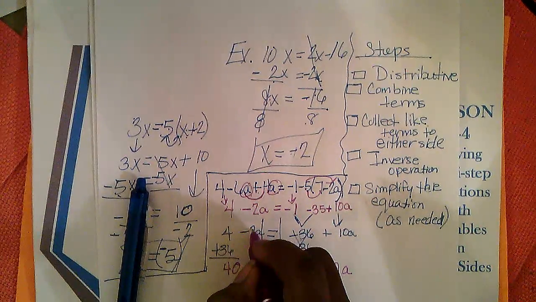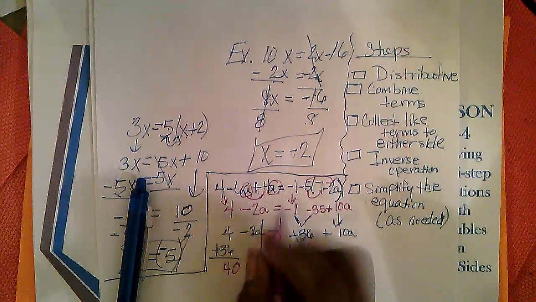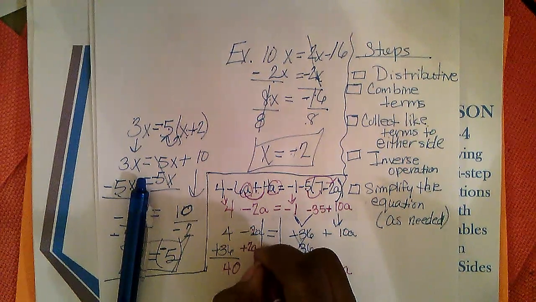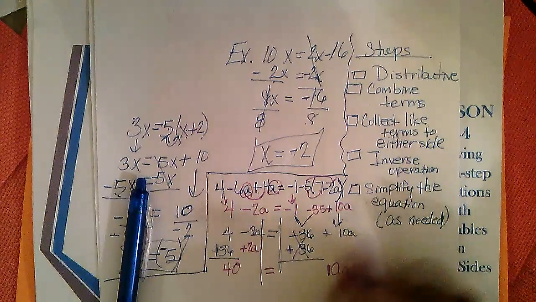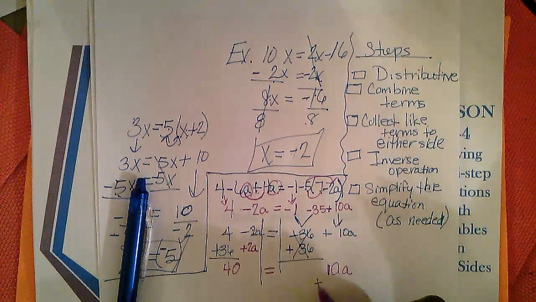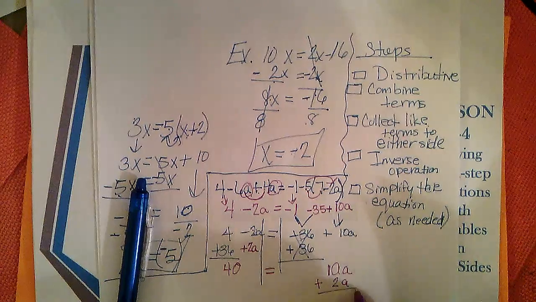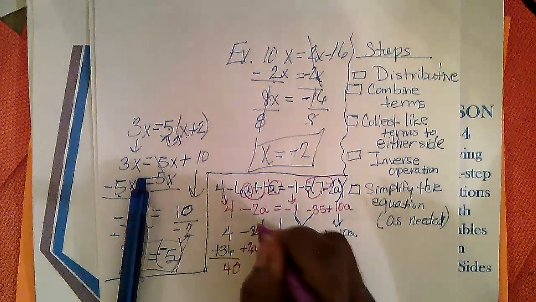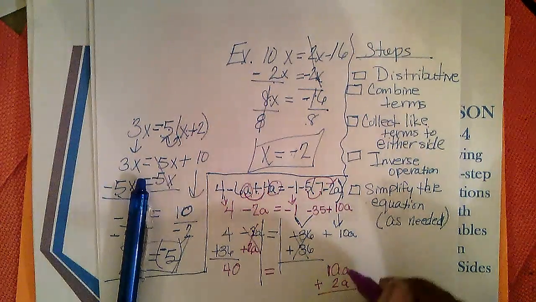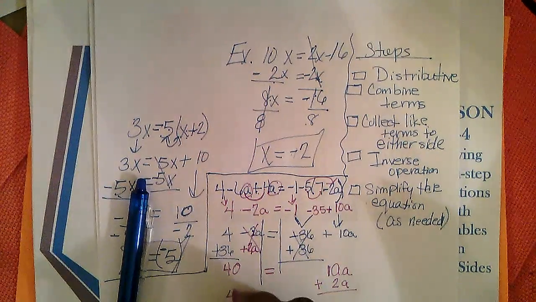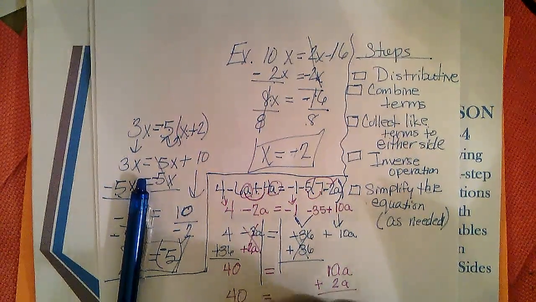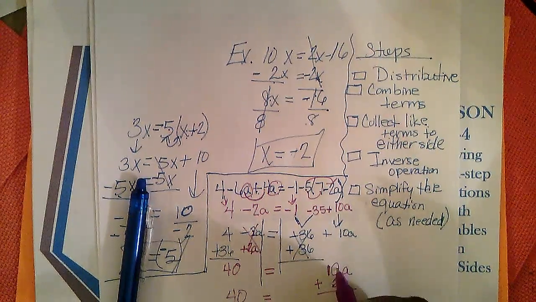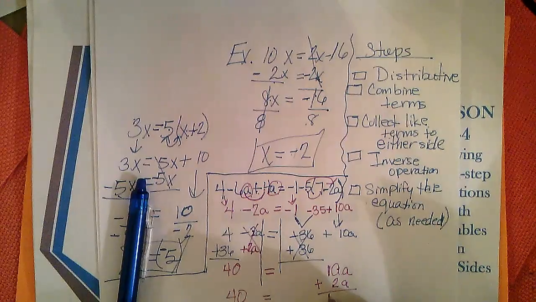If this is negative, then we're going to add a positive 2a, and then add a positive 2a on the other side. Negative and a positive cancel each other out, leaving us with just the 40. 2 plus 10 is 12, giving us 12a.